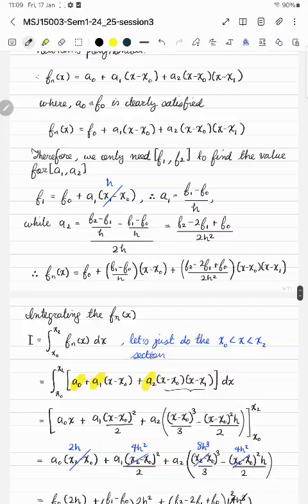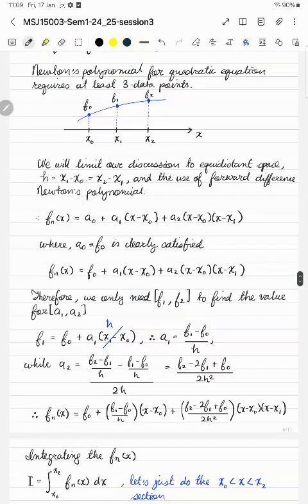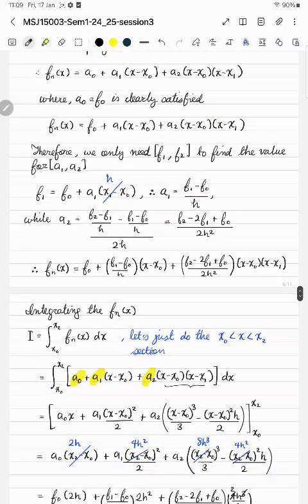So now that we have just two unknowns, and we can create two equations from the data, what we end up with is a1 equals (f1 minus f0) divided by h, and while a2, we can directly apply the divided difference equation. Now there are many ways to get the value of a2, but in this case I'm using the divided difference technique because this is the more common approach in solving the coefficient for Newton's polynomial.